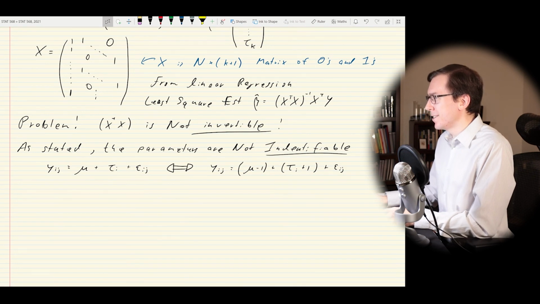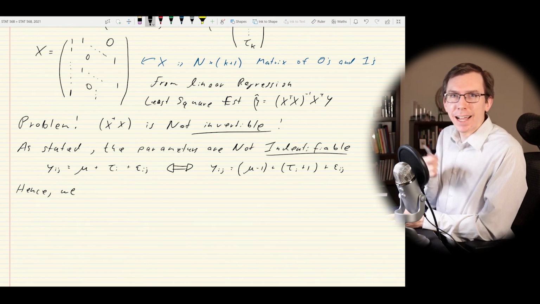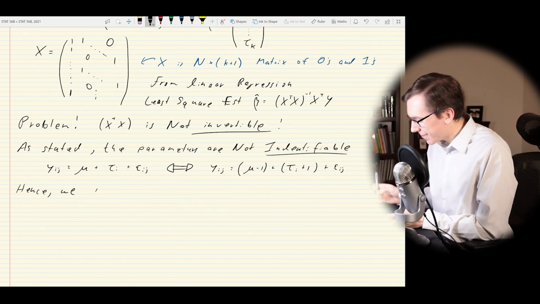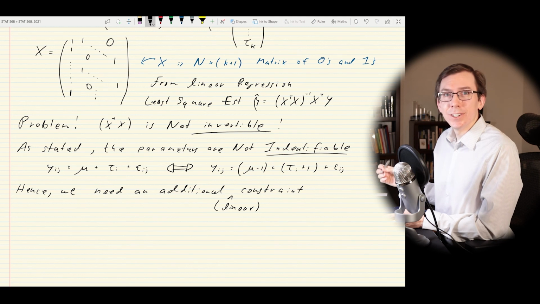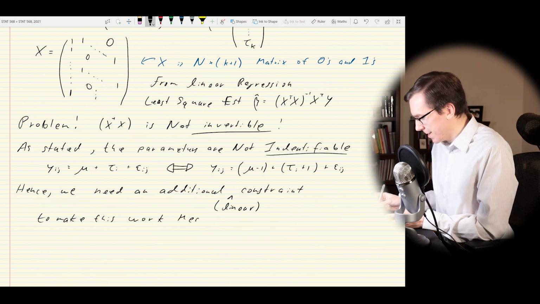So effectively, hence, we need an additional linear constraint to make this work mathematically.